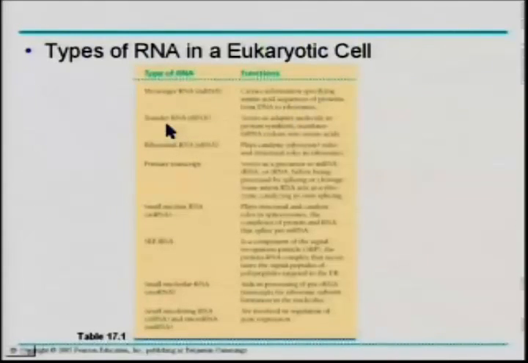The transfer RNA, or tRNA, serves as the adapter molecule in protein synthesis, translates mRNA codons into amino acids. Ribosomal RNA, or rRNA, plays catalytic or ribozyme roles and structural roles in ribosomes.